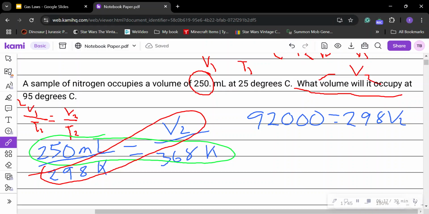And then we want to divide to get the variable on one side, just like you're solving for x in algebra. So we divide by 298. My handwriting is very sloppy on the computer.